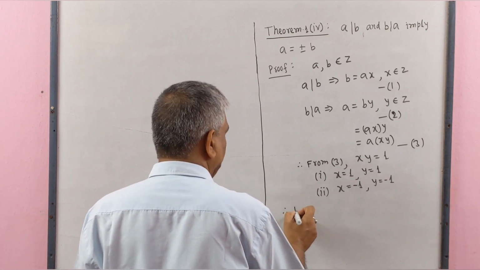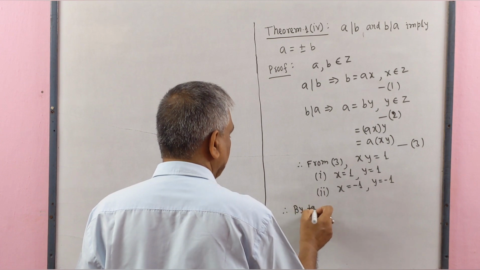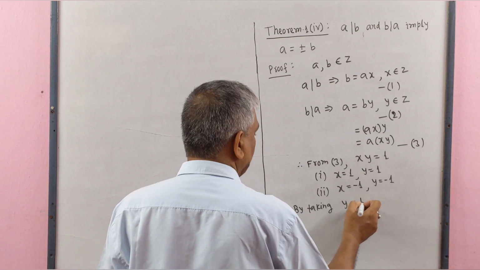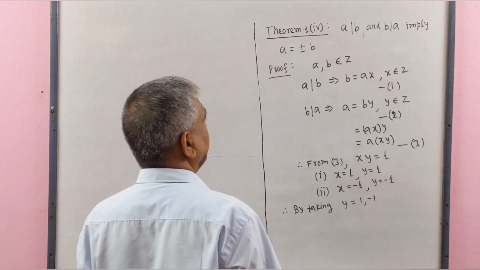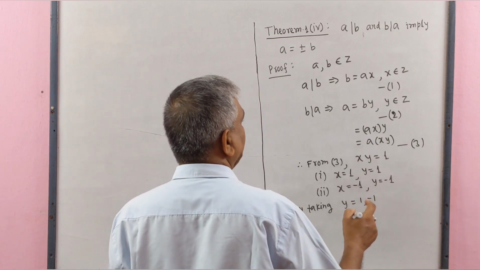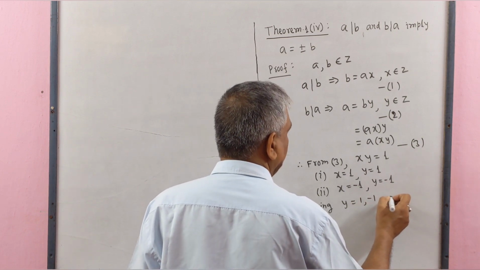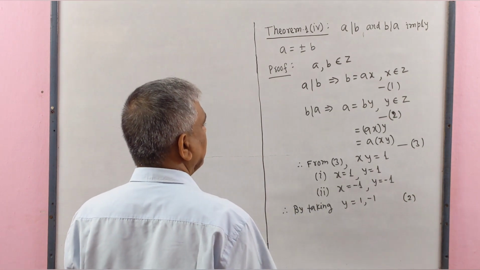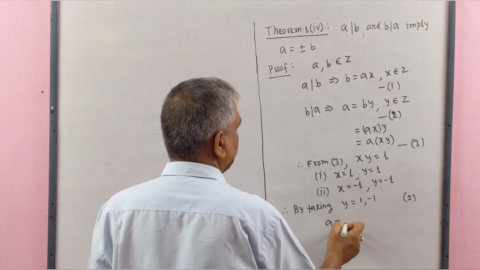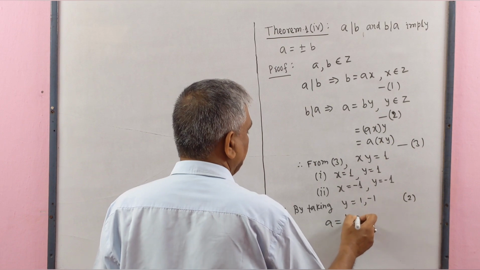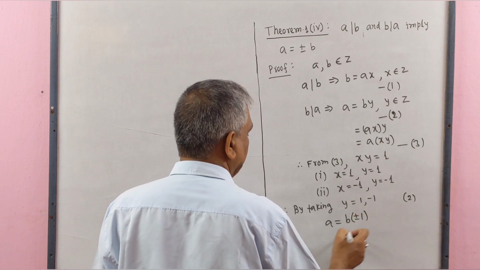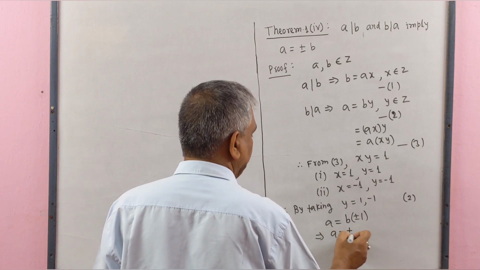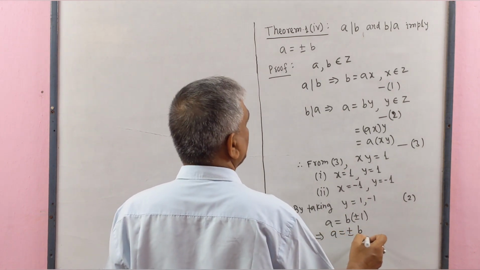Therefore, by taking X equal to 1 and minus 1 and putting in 1, we get B equal to A times plus minus 1, implies that A equal to plus minus B. Proved.